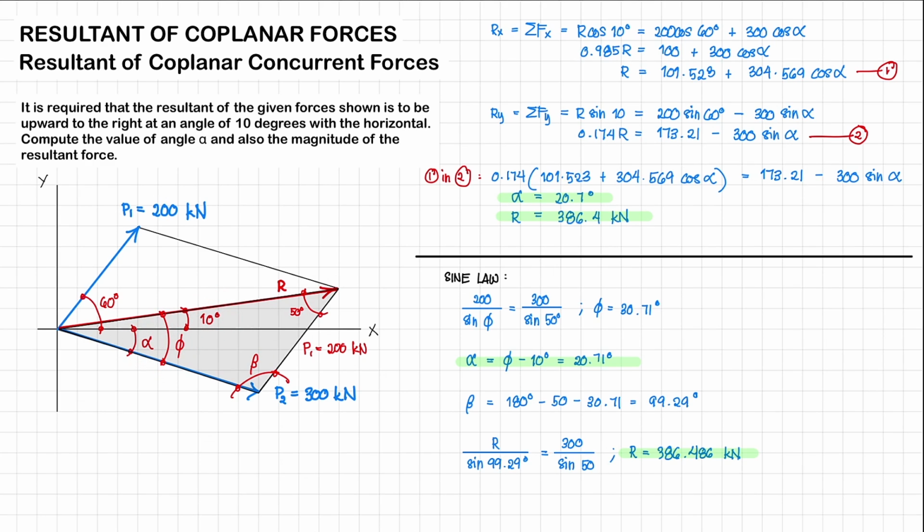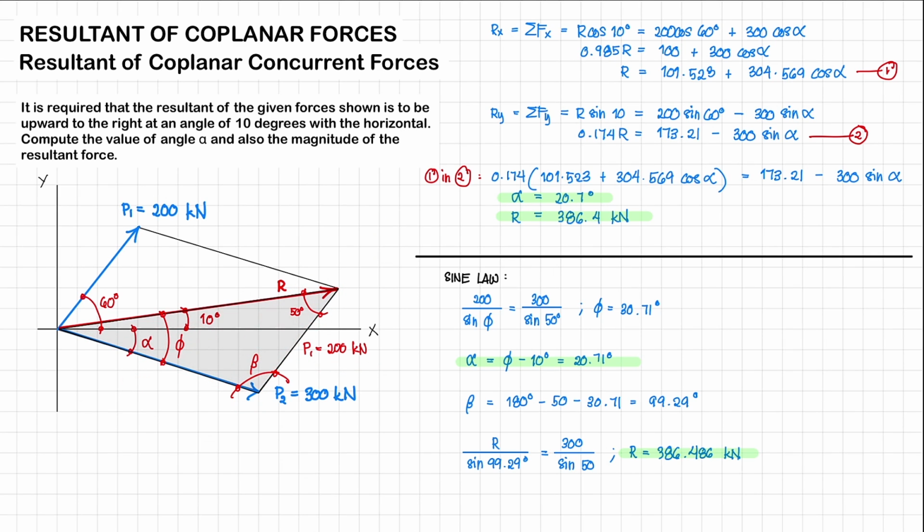So first, we have one side that is 300 kilonewtons, and the angle opposite that side is going to be 50 degrees. All right. So another known side is this side, and that is equal to 200 kilonewtons. But we don't know angle phi.